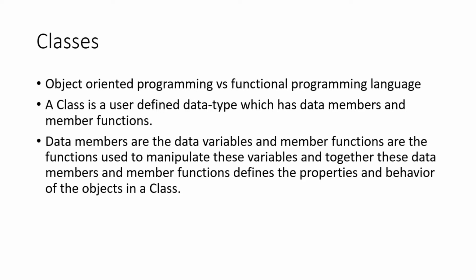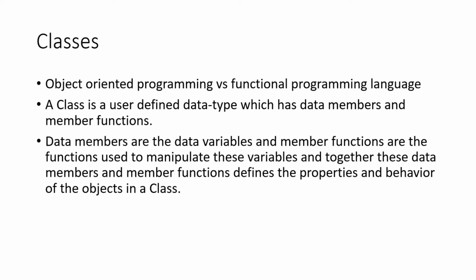So it's completely different than the functional programming. In your functional program, you can have one long file that does everything or break it up into methods. Whereas in object-oriented programming, you'll have classes and then you'll have objects. Now, what's a class? A class is a user-defined data type which has data members and member functions.